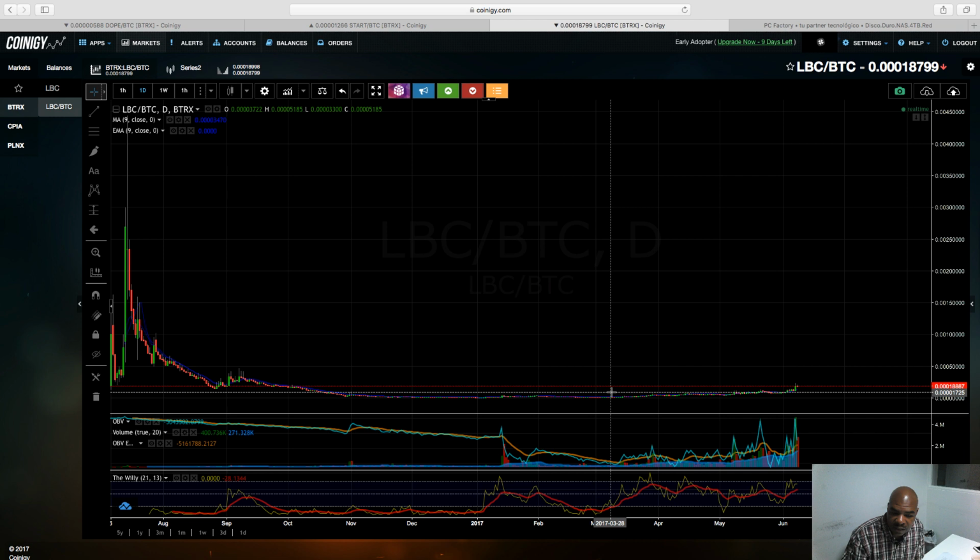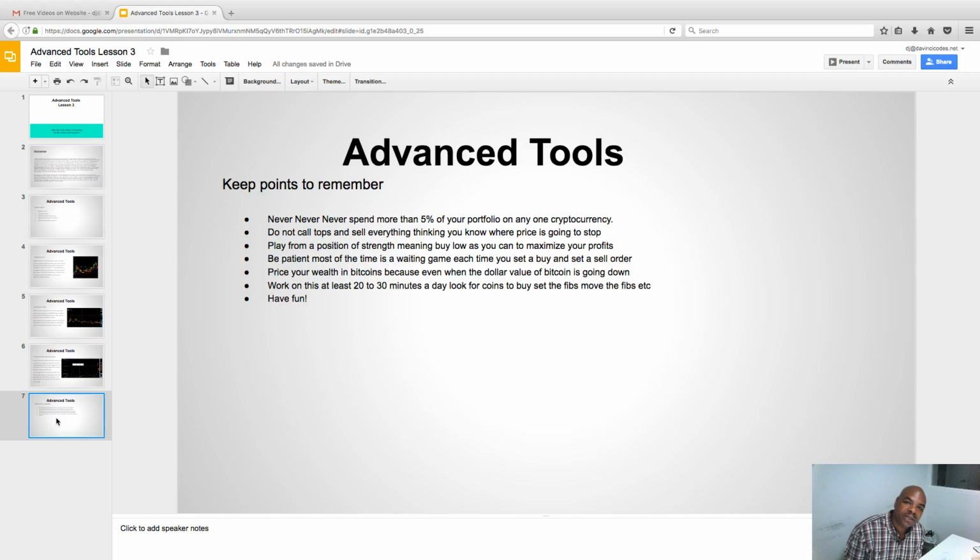If you do that, you'll always come back and do well. Even if it's that particular currency that you thought was going to the moon, going to the moon, the everything you put in is only 5%, not more. So even if that 5% gets wiped out, it doesn't matter. All the rest of the coins will make you some serious cash.